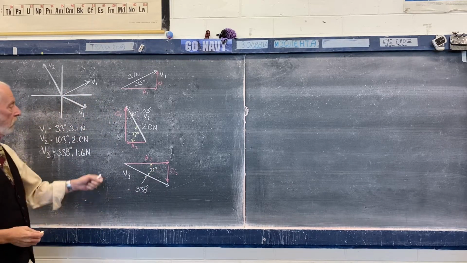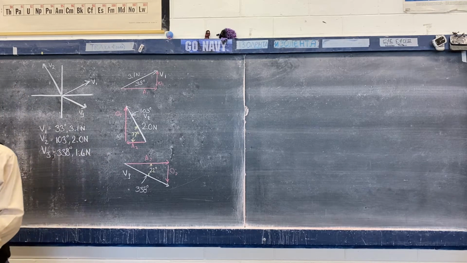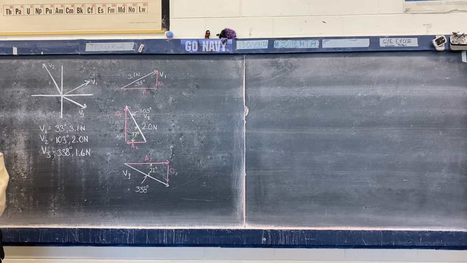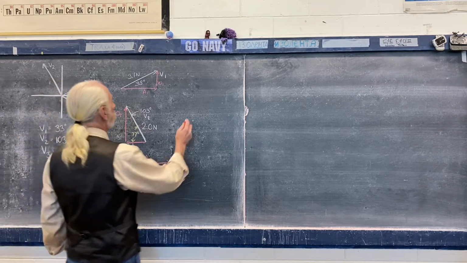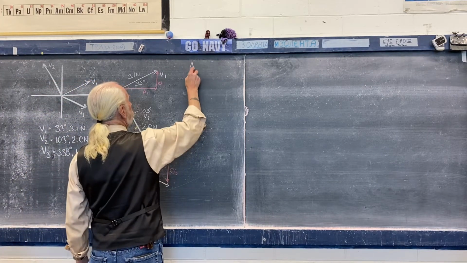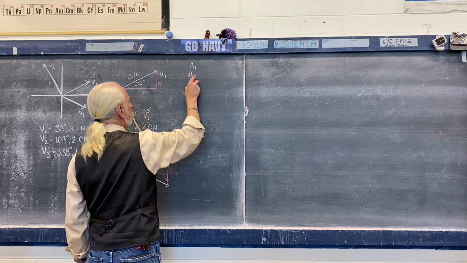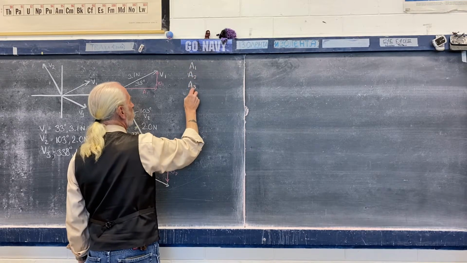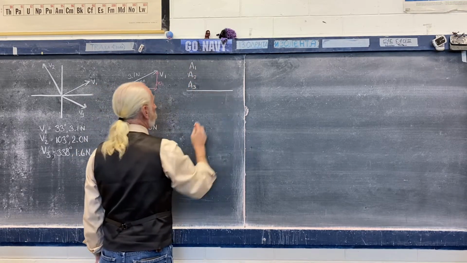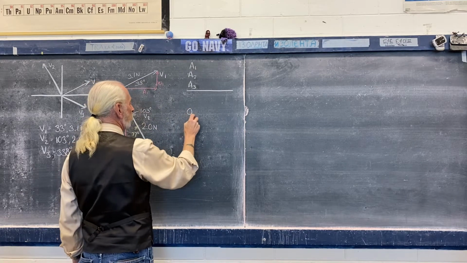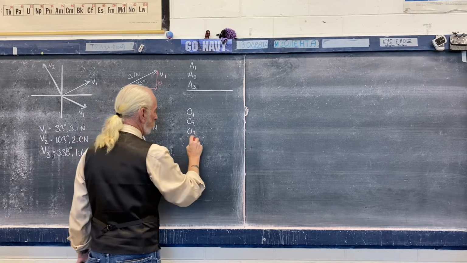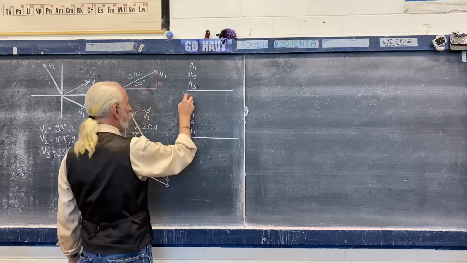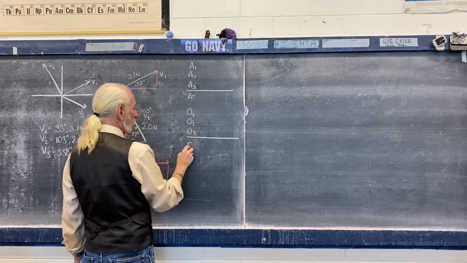All right, so now we're going to evaluate the component vectors using trig. We're going to set up our chart. First we'll go for the adjacents, and then we'll go for the opposites. A total, O total.